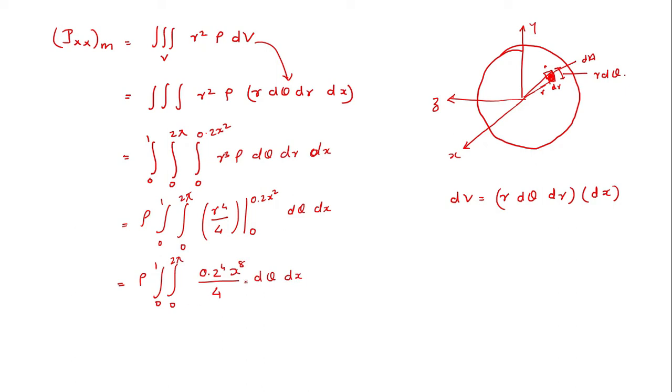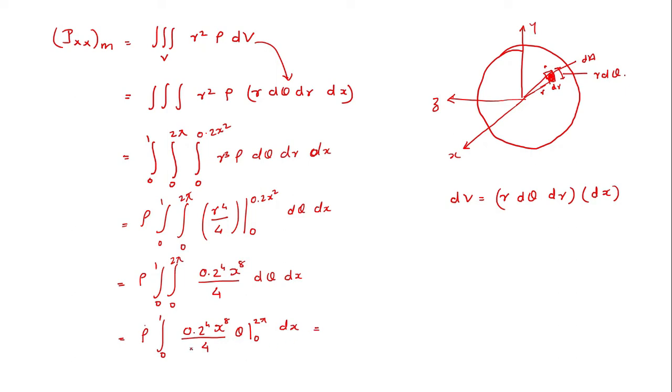Next we integrate with respect to theta. So rho into 0 to 1, 0.2 raised to 4 x raised to 8 by 4 into theta, where the value of theta ranges from 0 to 2 pi, into dx.